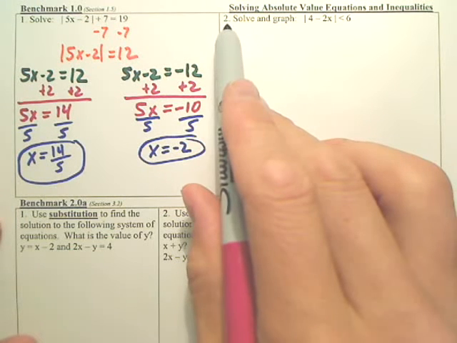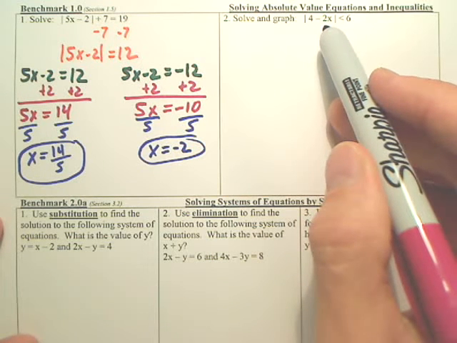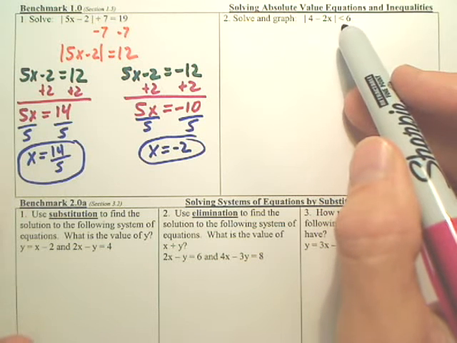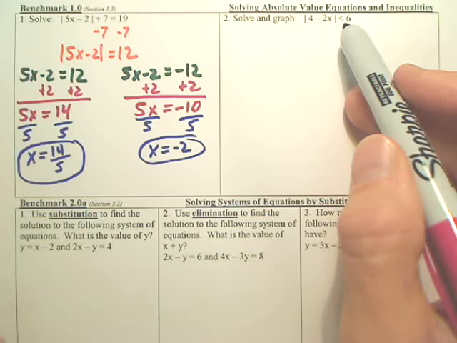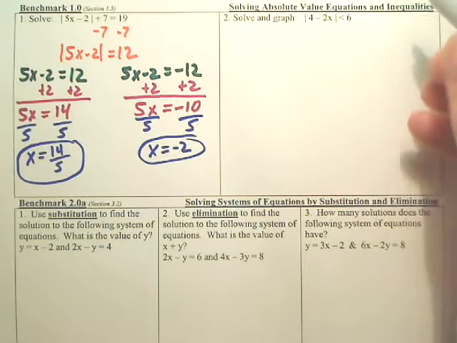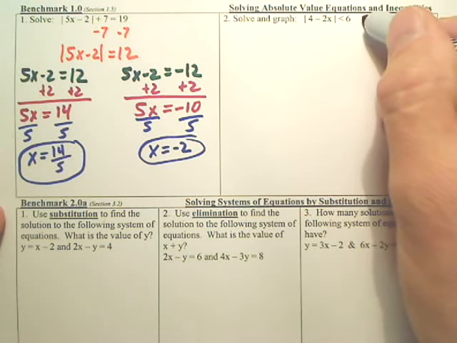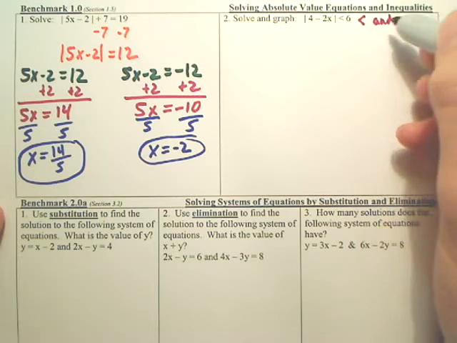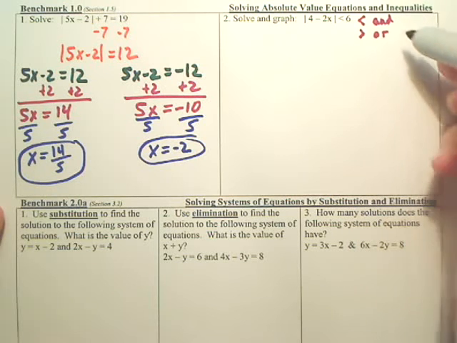Number 2. I want to solve this inequality. So this is a less than. So a less than, is that an and or an or? Remember, less than is an and. Greater is an or.